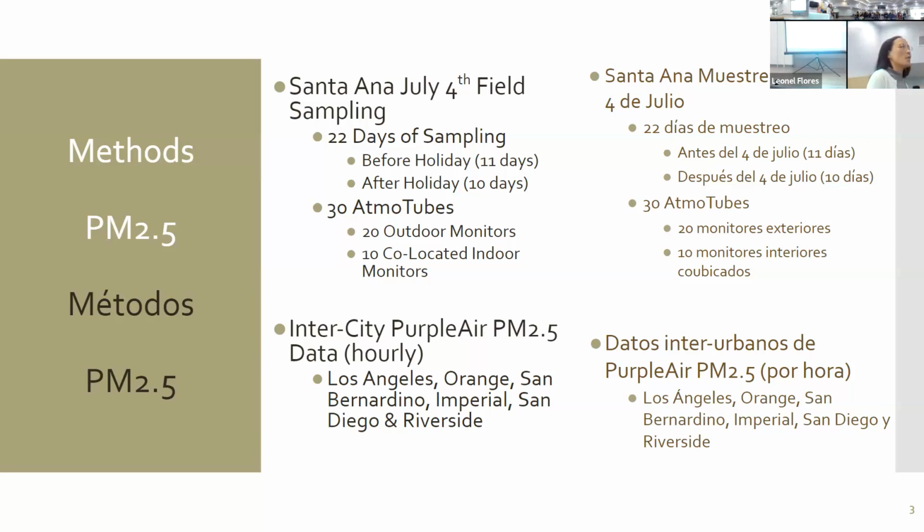But it's also small and low cost, and a lot of community members are using PurpleAir sensors in California and across the world to monitor their air. That produced a lot of publicly available data for us to compare the Santa Ana data with.